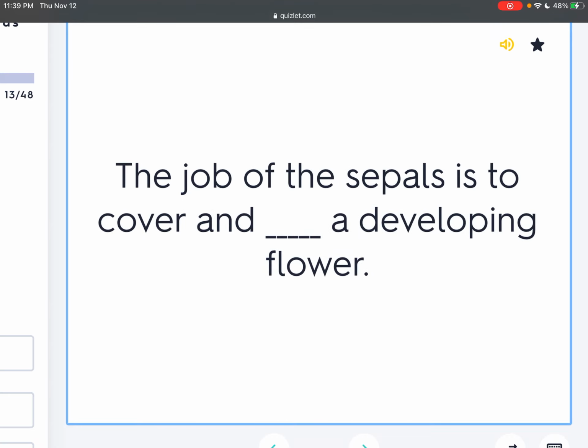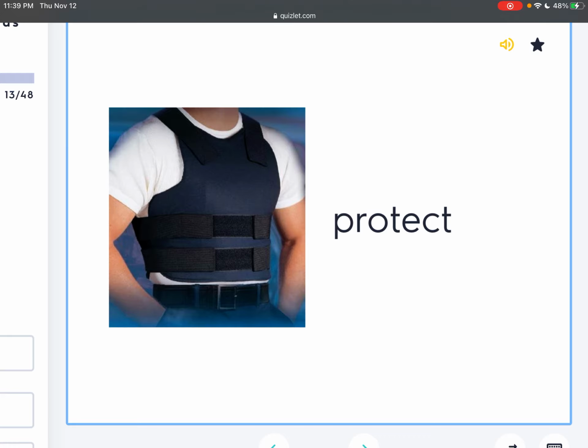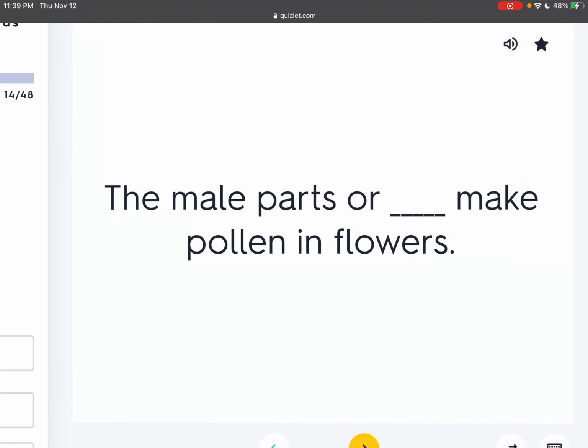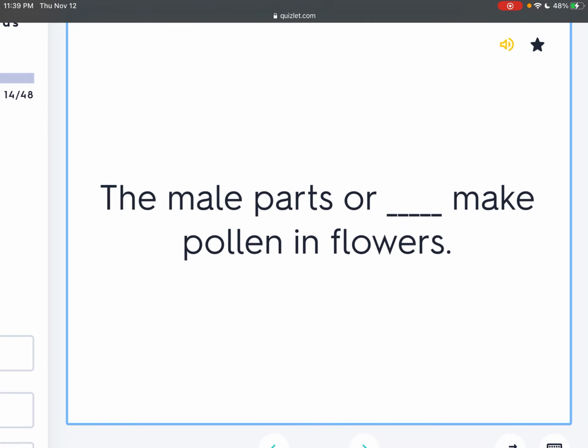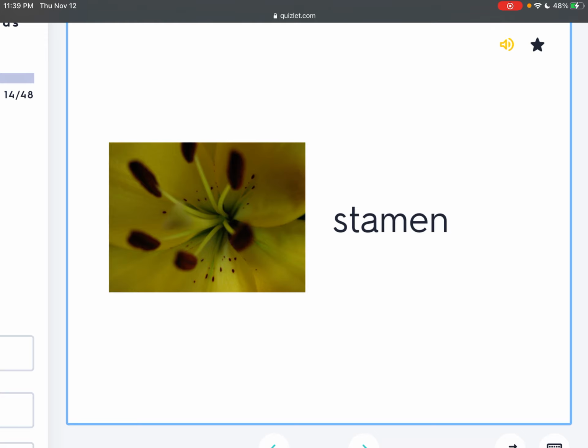The job of the sepals is to cover and blank a developing flower. Protect. The male parts or blank make pollen in flowers. Stamen.